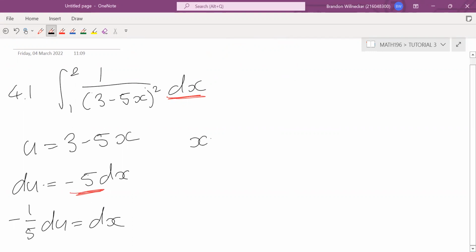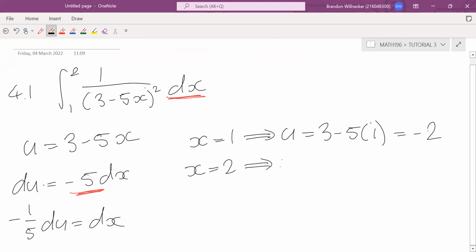So the old lower bound was x equals 1. So that means the new lower bound, u, is 3 minus 5 times 1. That's going to be minus 2. The old upper bound was 2. So that means the new upper bound is 3 minus 5 times 2. So that's minus 7.